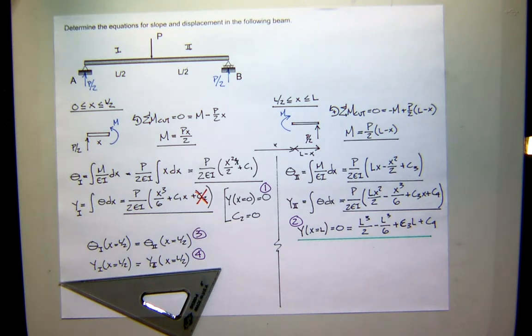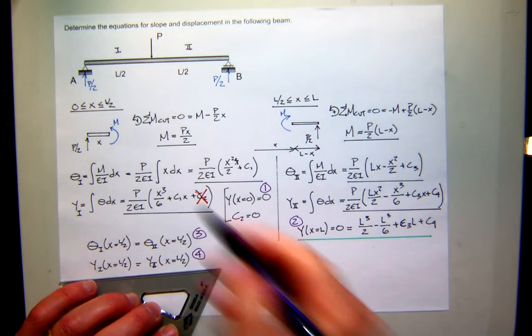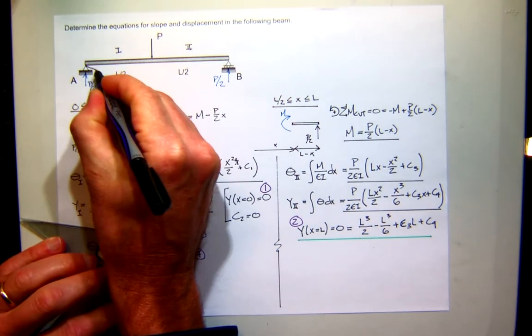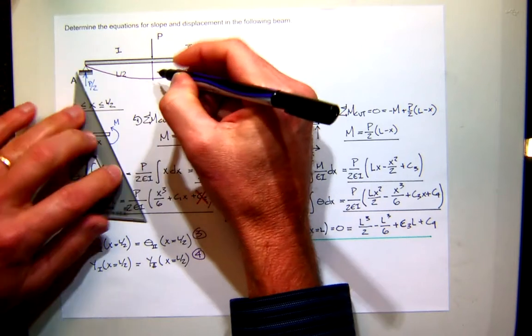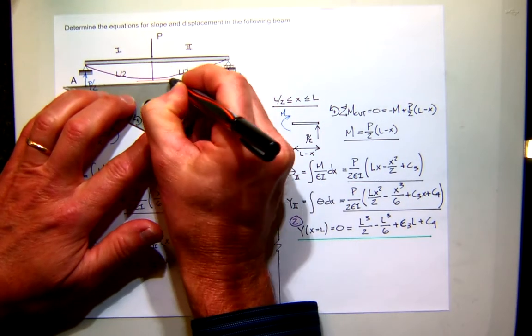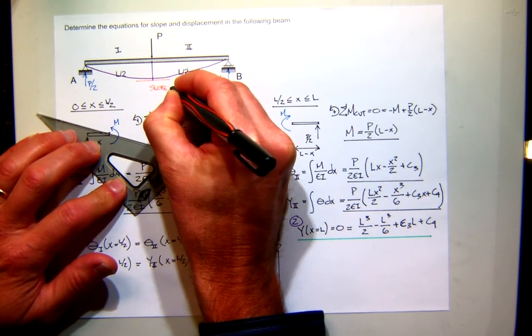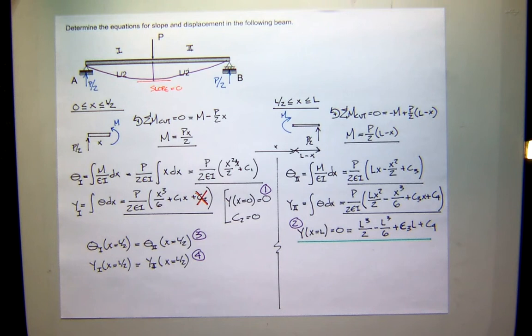Now, this problem alone could be solved simply, in that we know when this beam does displace, right here the slope is 0. So we could use that to our advantage and find the solution to this problem quicker.